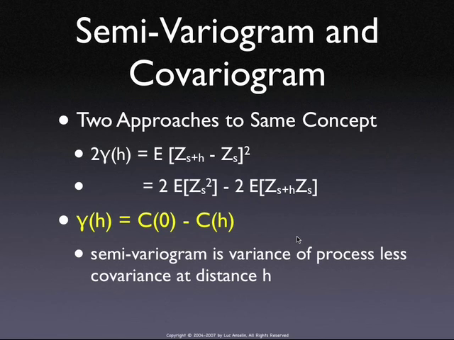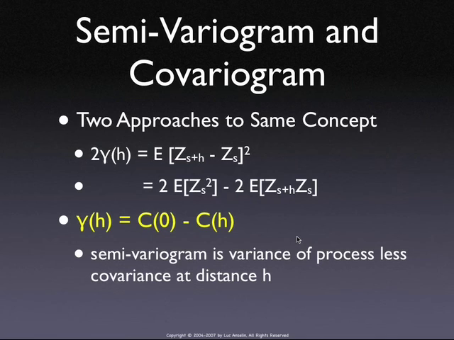So now this is where the magic 2 comes into play, because if we divide both sides by 2, we get that the semi-variogram, which comes from the squared differences, equals the variance of the process minus the covariance for distance h. Covariance being a cross product. So this connects the squared differences to the cross product through the variance of the process.